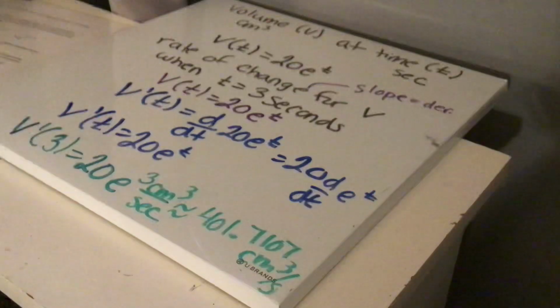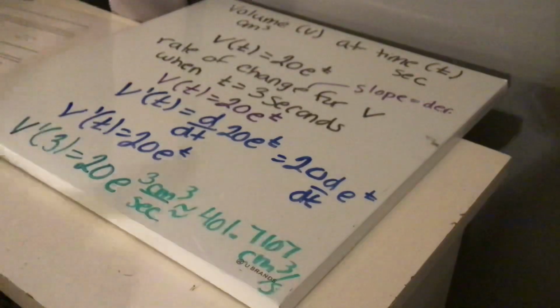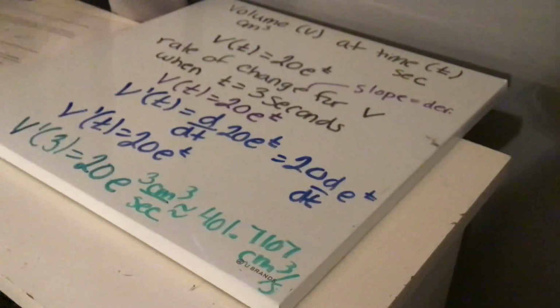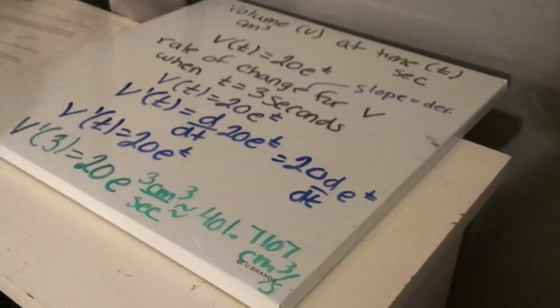So this is changing at about 401 cubic centimeters per second. It gives us an idea of how fast the balloon is getting big depending on its time. So we assign units to our derivative now, because derivative is slope and slope is rate of change.